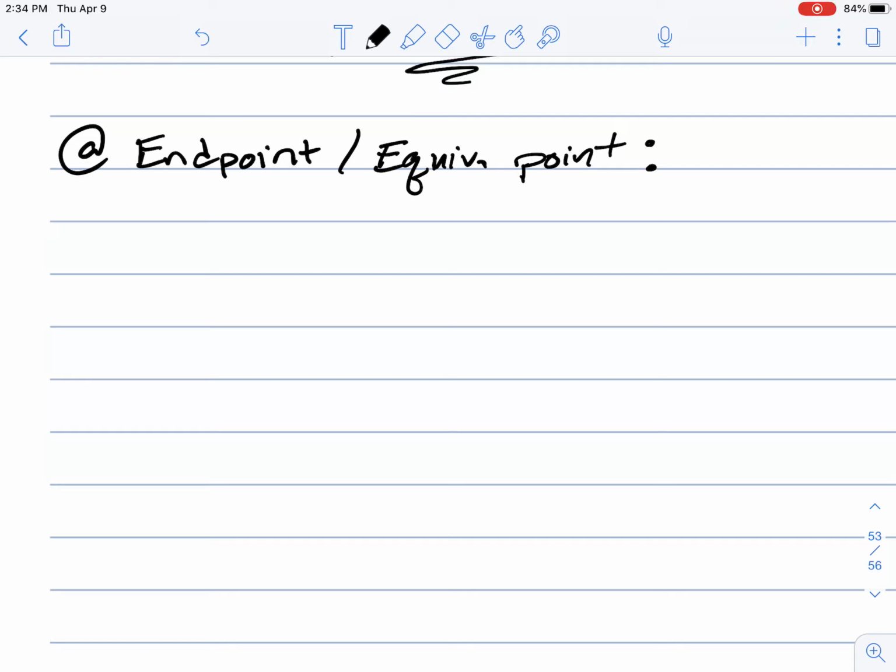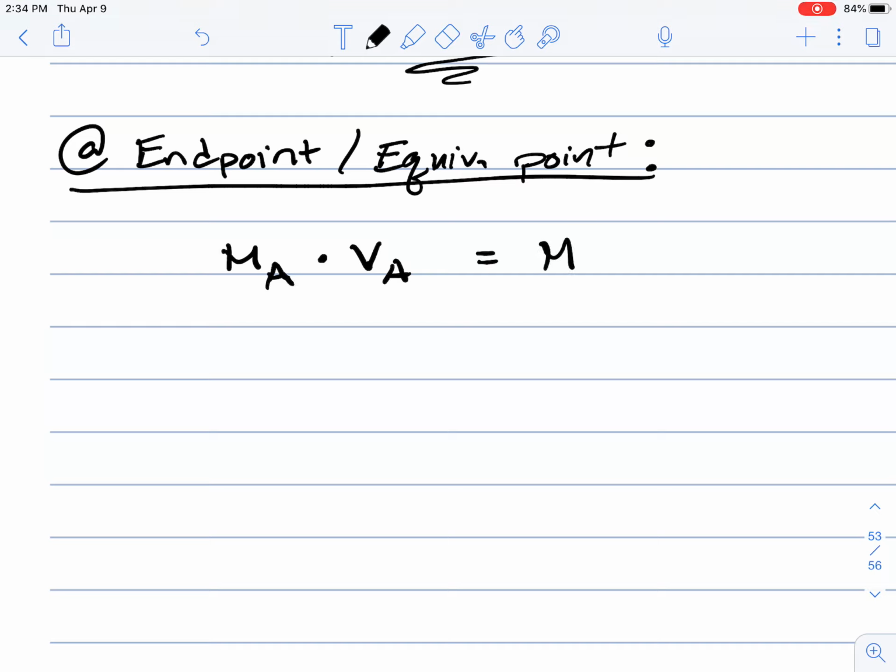However, you can streamline your calculations at the endpoint or equivalence point by using a modified dilution equation. And that equation is MA times VA is equal to MB times VB.